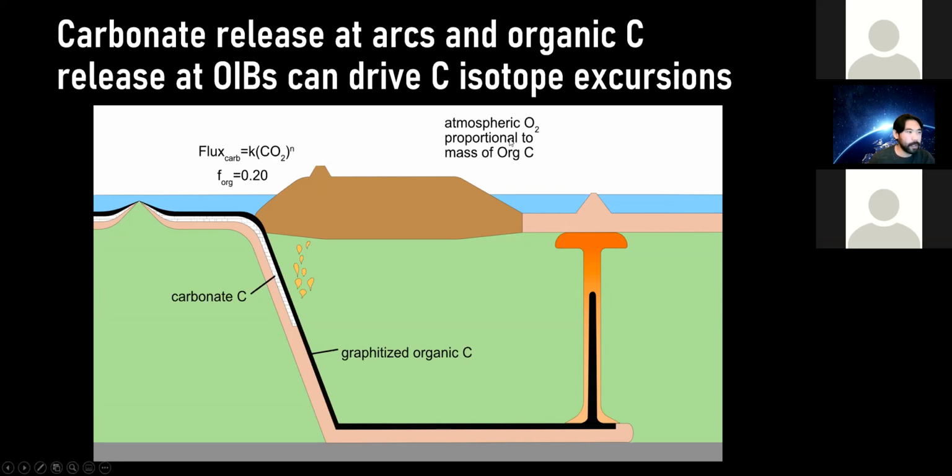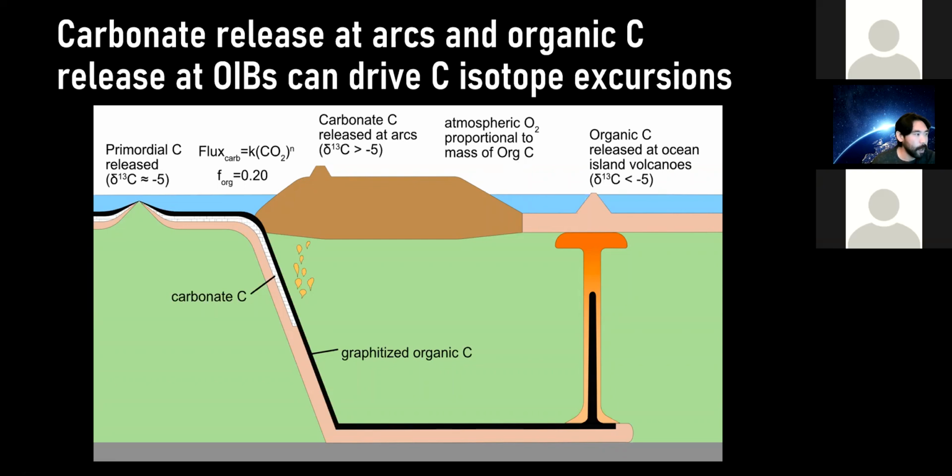And we're also tracking atmospheric oxygen, which is proportional to the mass of organic carbon in all of the reservoirs, and that's just due to photosynthetic production. As you bury organic carbon, you can accumulate oxygen in the atmosphere. And we're tracking the delta 13C of CO2 released at different volcanic settings. We have a flux from mid-ocean ridges. It's thought to be primordial carbon that's kept constant at -5 per mil.